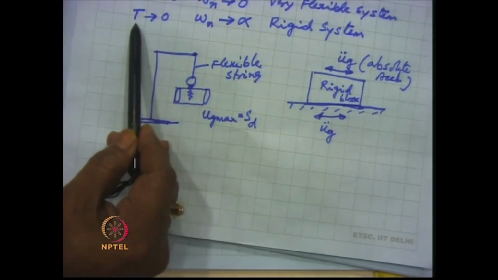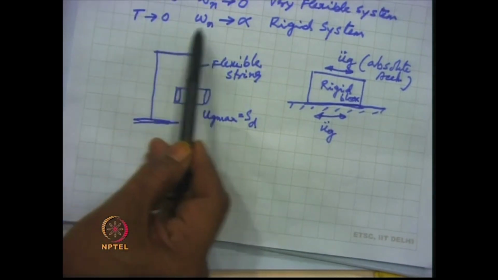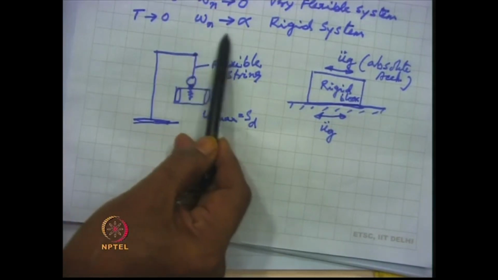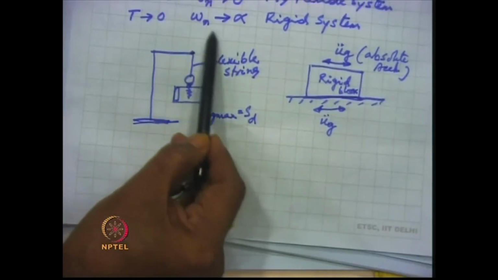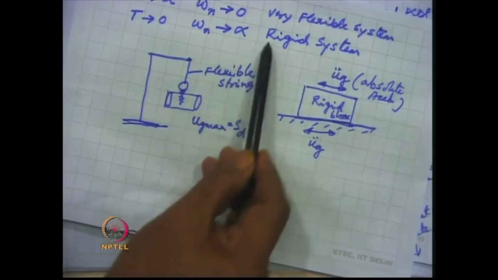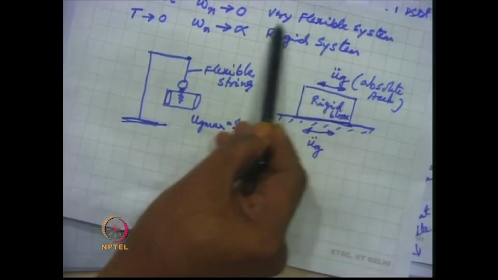On the other hand, when T tends to 0, the frequency of the system tends to infinity, or what is called a rigid system.